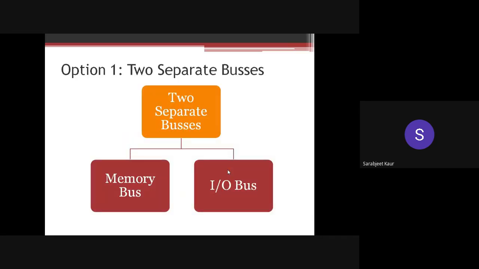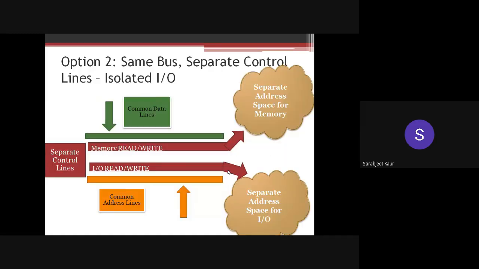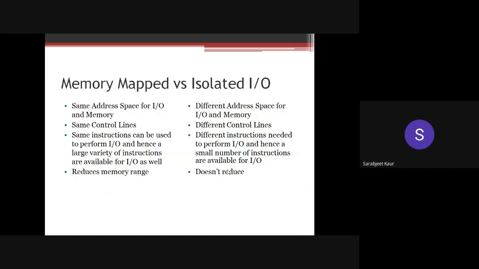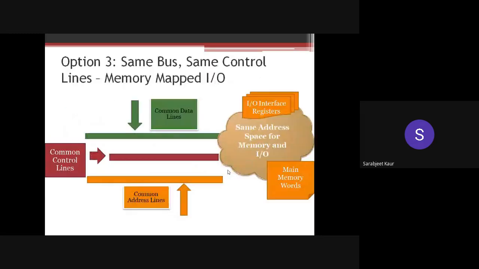options of having IO bus and memory bus as two separate buses, or same bus with separate control lines, or totally same buses, I'm sorry.